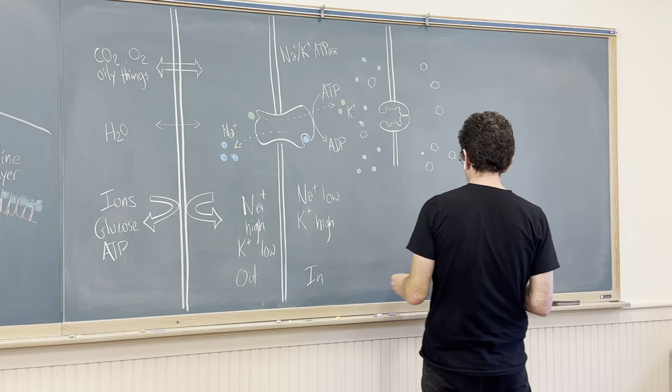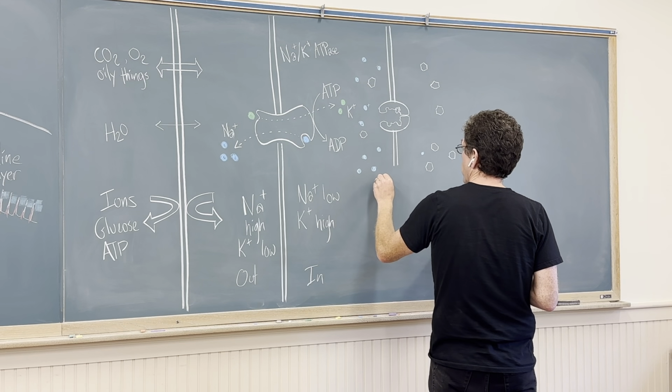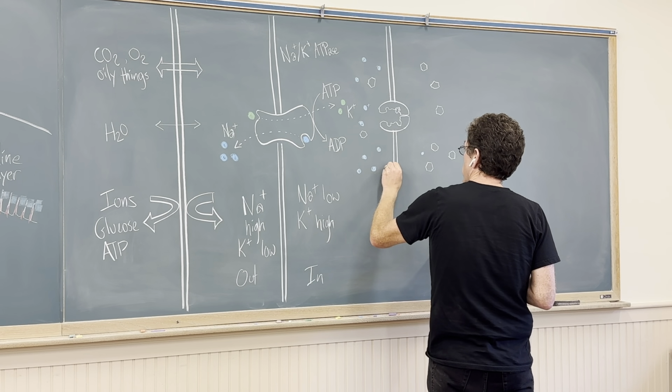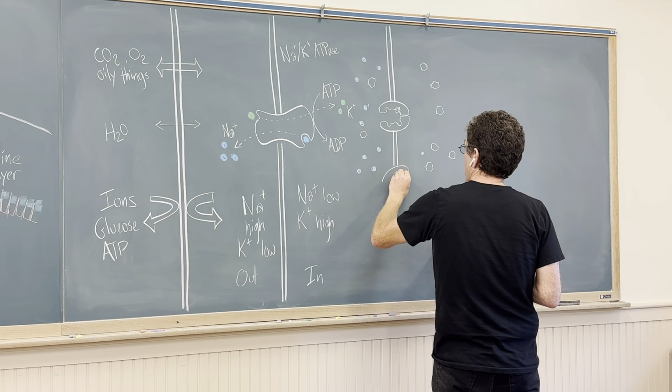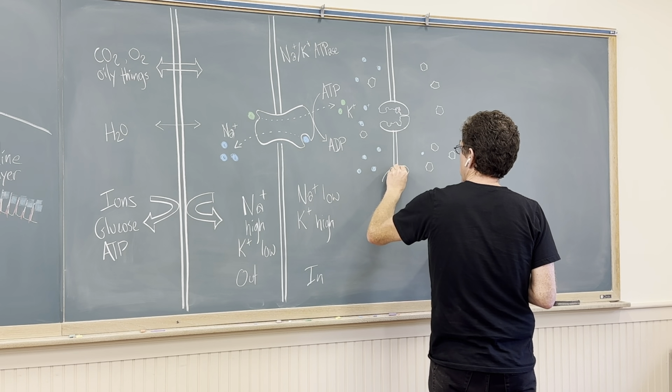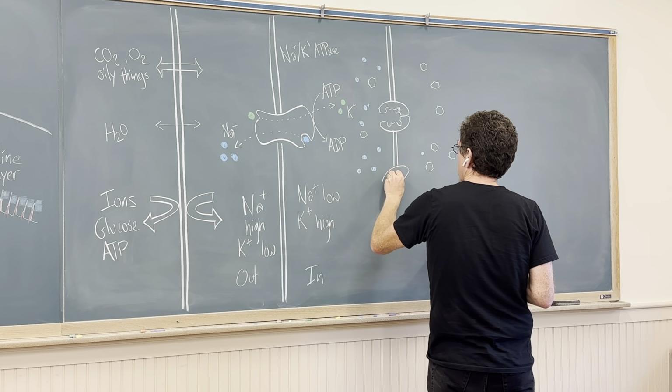So imagine that this pump is rigged up so that, yes, it binds a sugar molecule, but when it binds a sugar molecule, enough of them, now I know some of you at least have seen a diagram like this before.